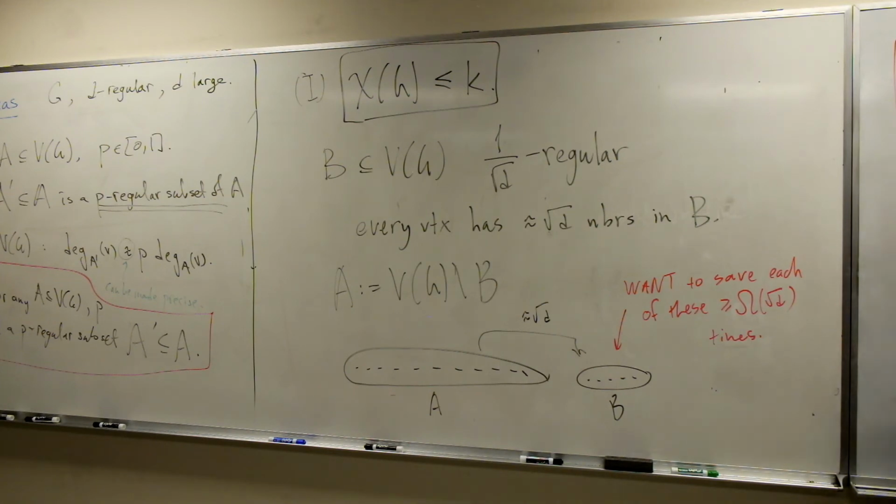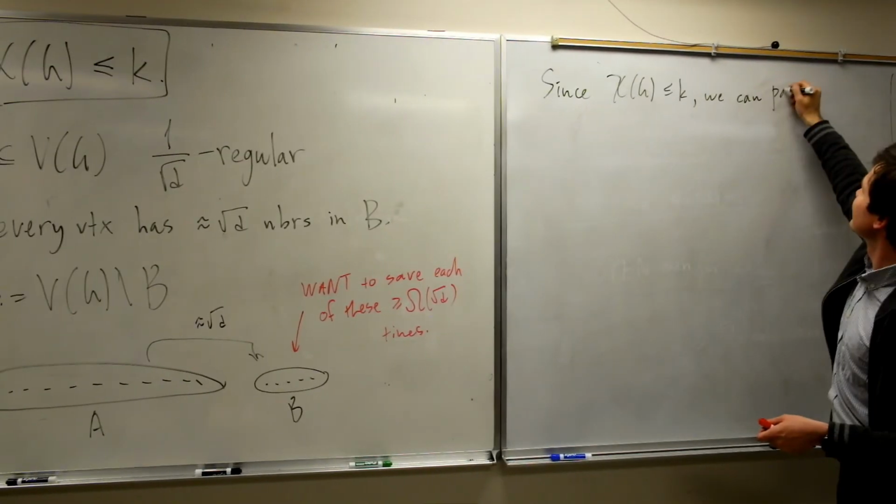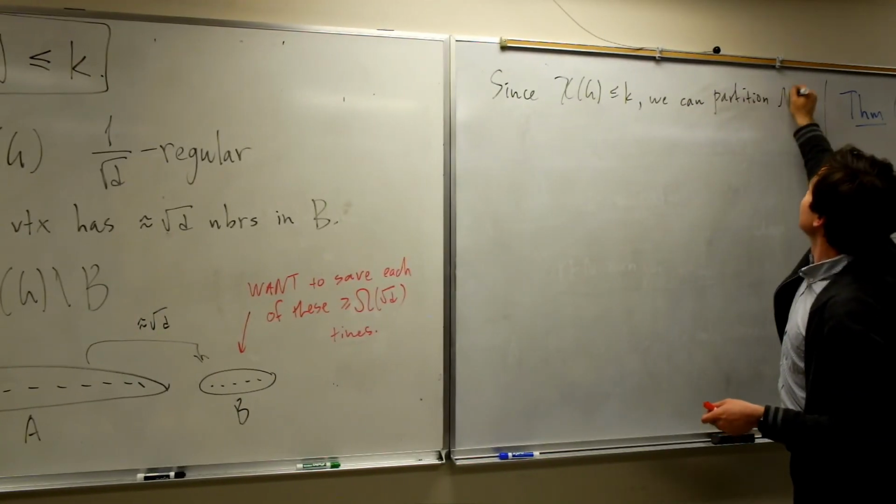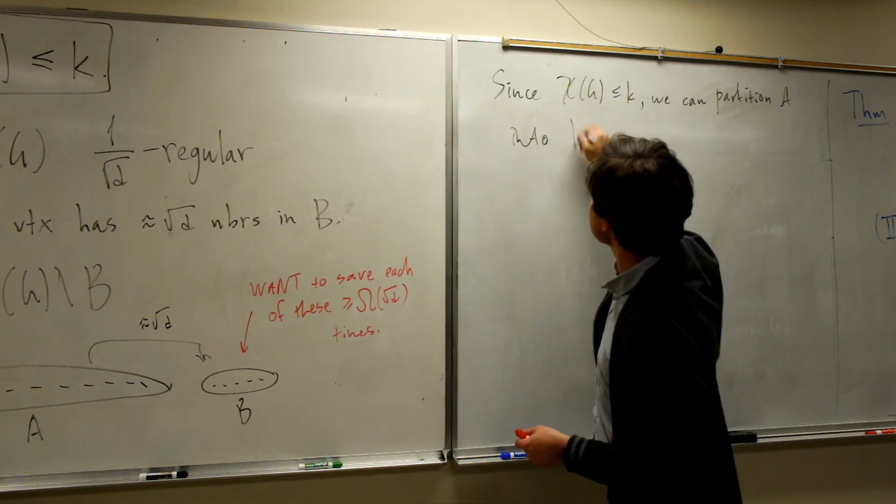How are we going to do this? Here's where the chromatic number assumption becomes relevant. Since the chromatic number of G is at most k, we can partition A into k independent sets.